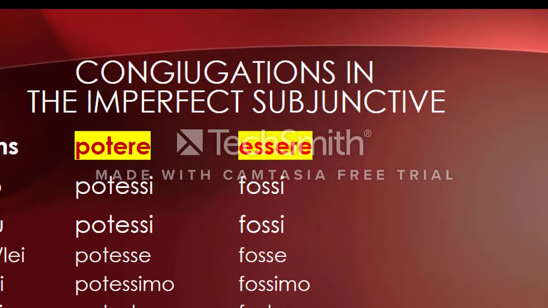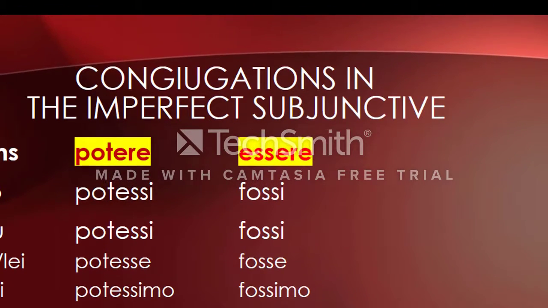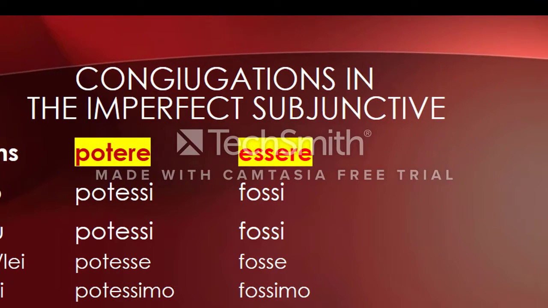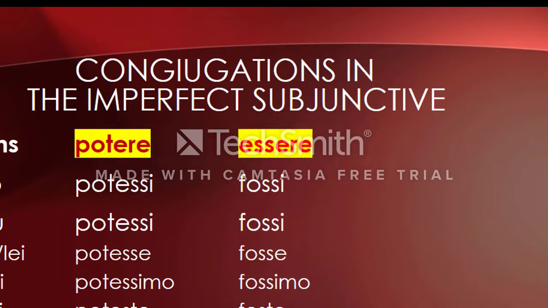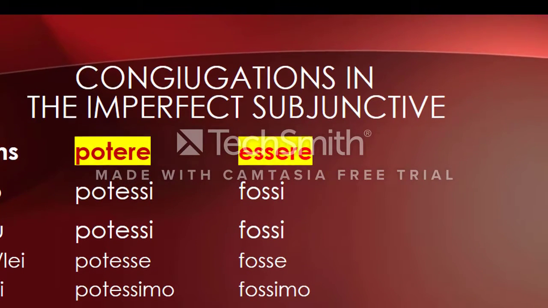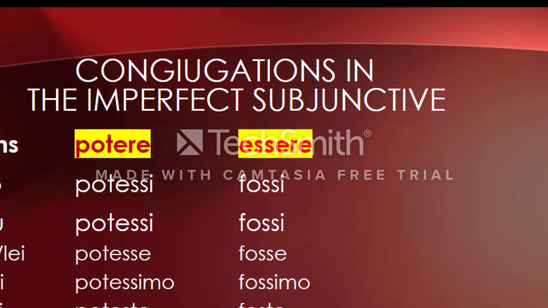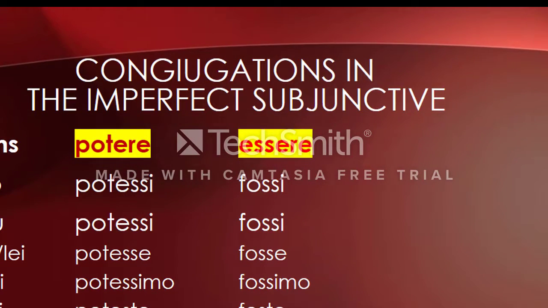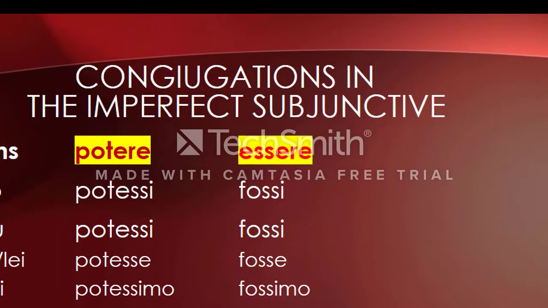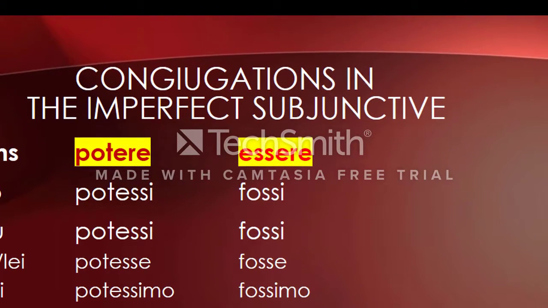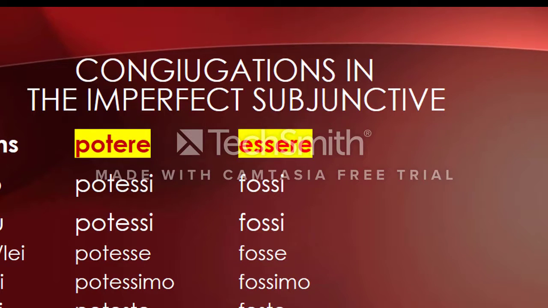So instead of going by the infinitive verb for essere, you have to memorize, practice and learn how it is conjugated in the imperfect subjunctive form. And as you can see: che io fossi, che tu fossi, che lui lei fosse, che noi fossimo, che voi foste, e che loro fossero.